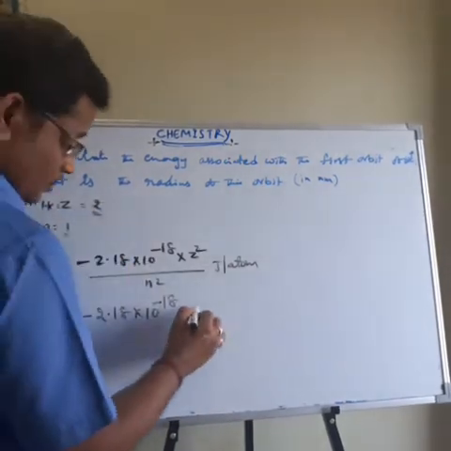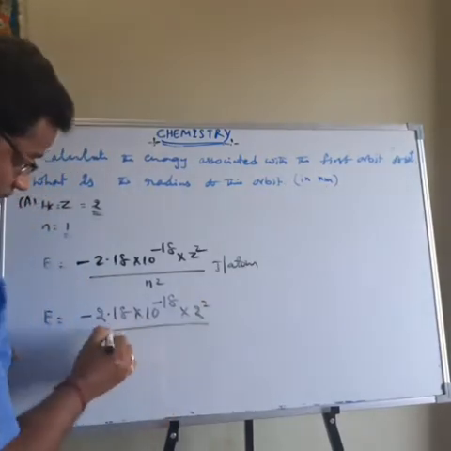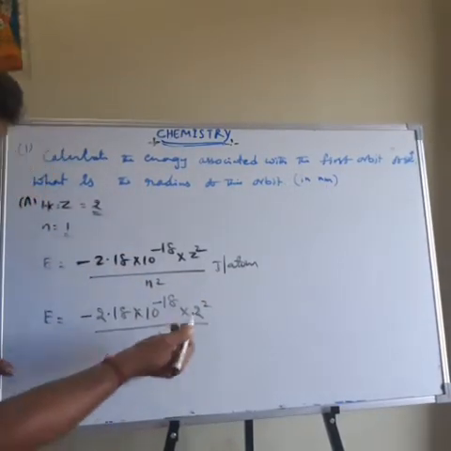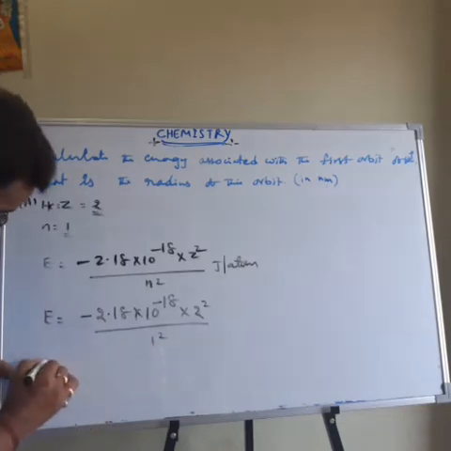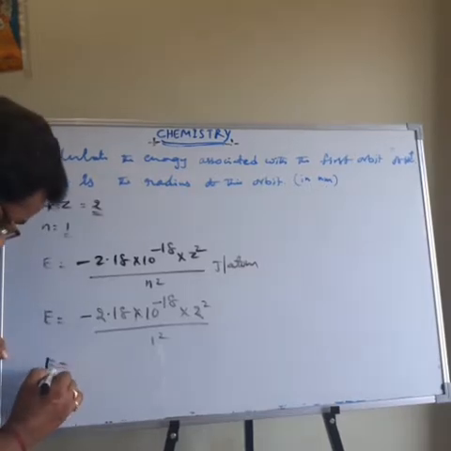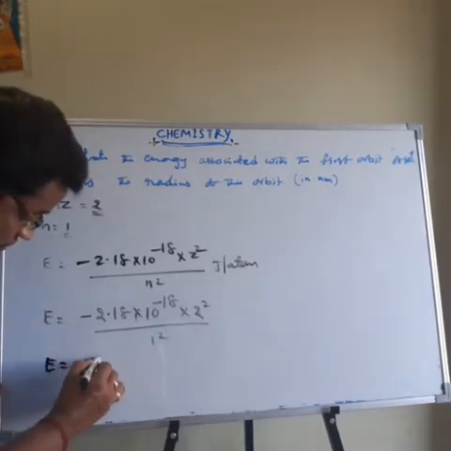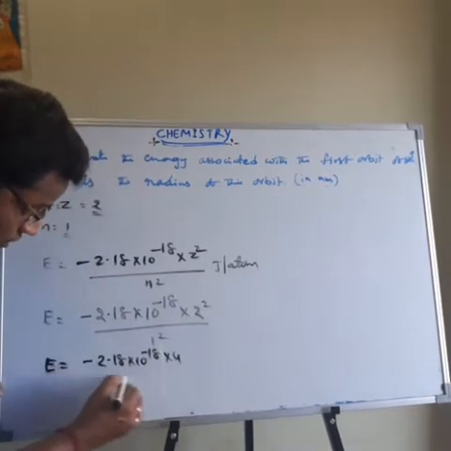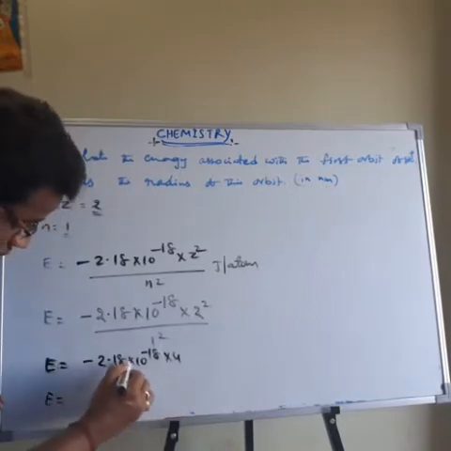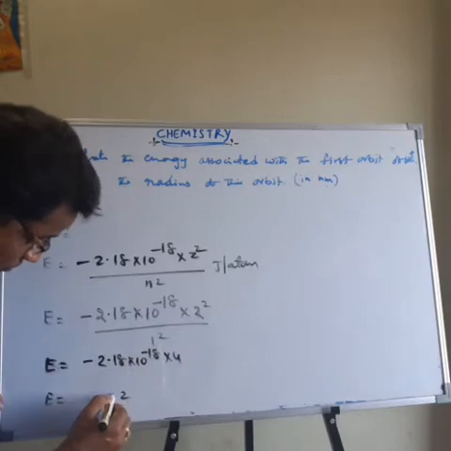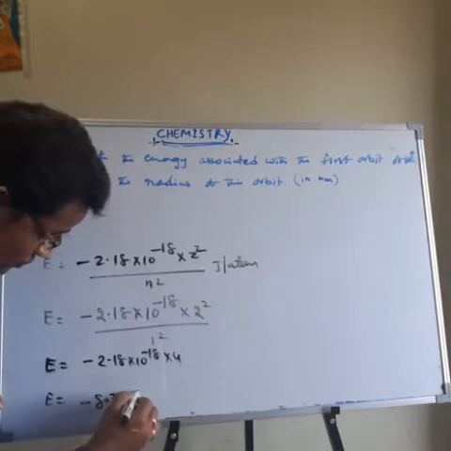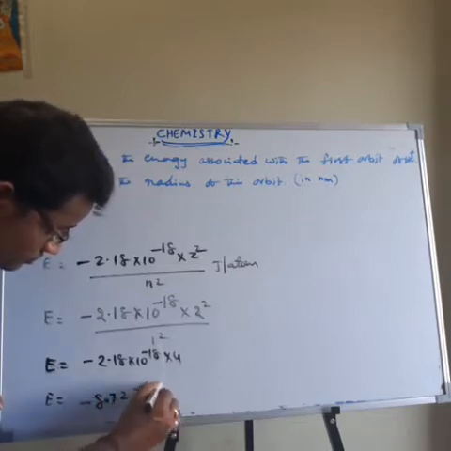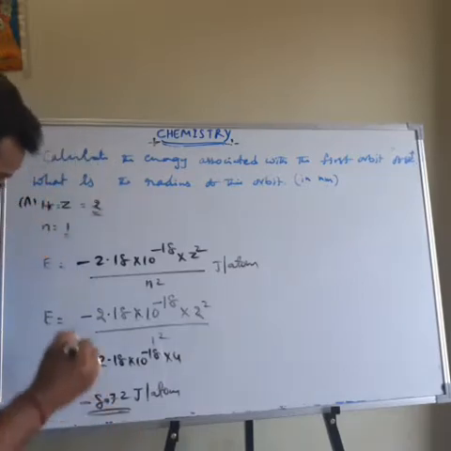Here Z value is 2, and n value is 1 for the first orbit. 1 squared means 1, no need to take it again. Therefore E is equal to minus 2.18 into 10 power minus 18 into 4, which gives minus 8.72 into 10 power minus 18 joule per atom. So this is the energy of the electron in joule per atom.